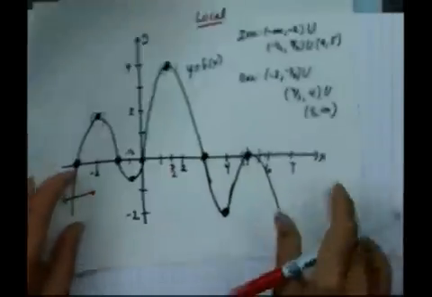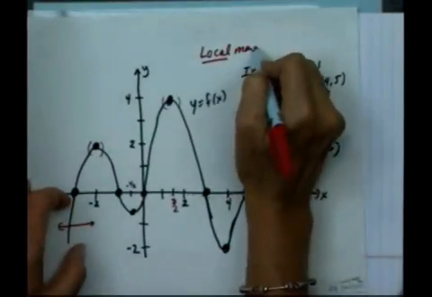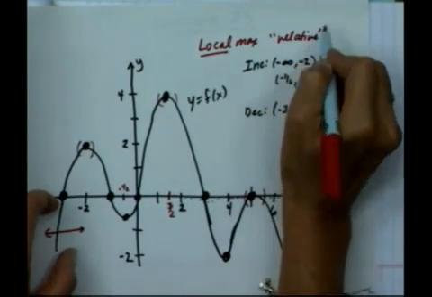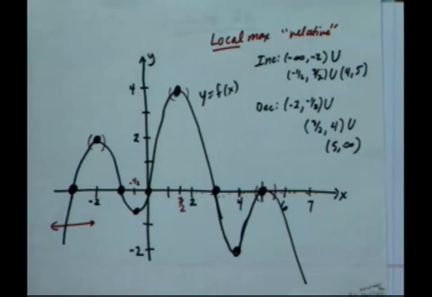Now the word local, I'm going to help you remember this. Local, or relative. I like to use the word local or relative to mean you've got to have a little community, your little local community or all your little relatives. You've got to be part of a group for there to be a local max or min.